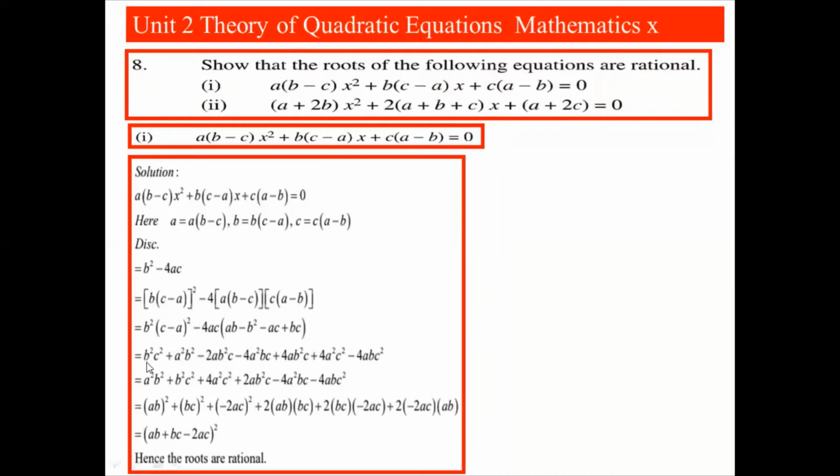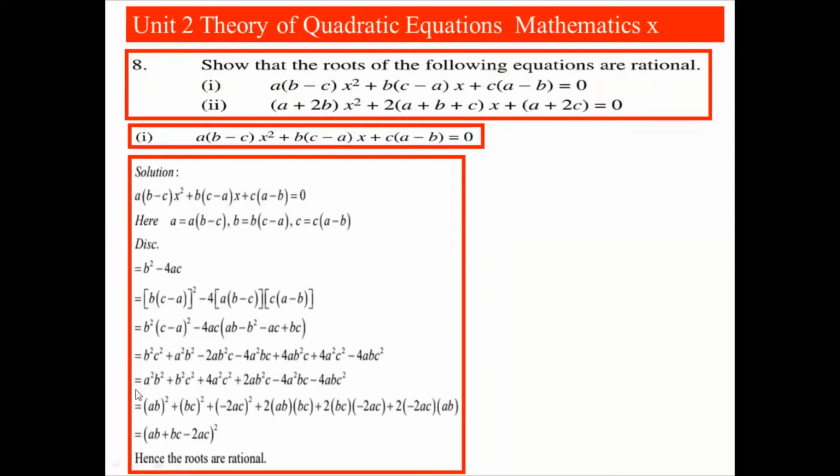After simplification, we have this form of the equation. Now we have to arrange these values in such a way that we can write this as a perfect square. Since we have to show that the roots are rational, it means the discriminant must be a perfect square.